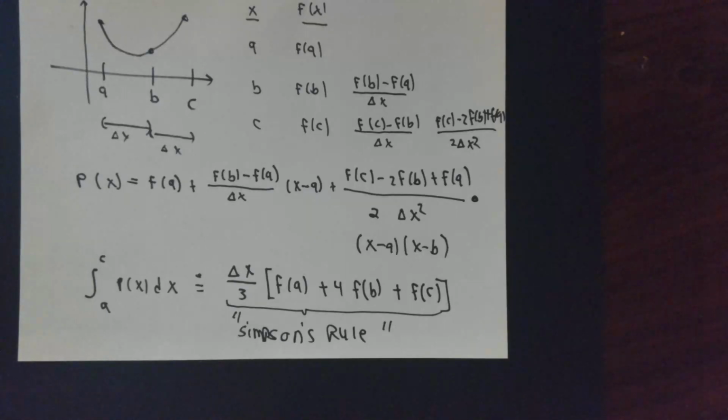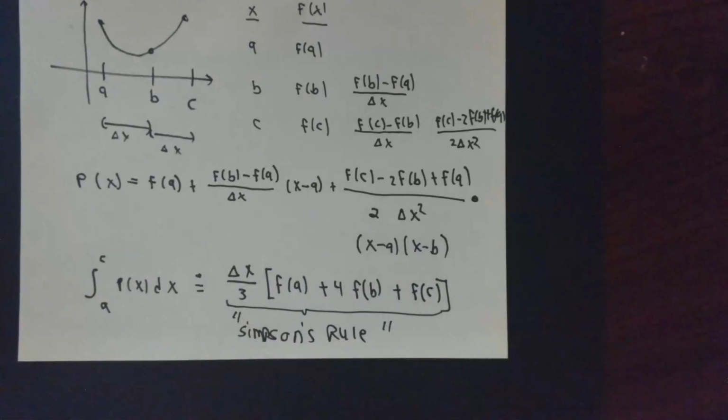If you have three equally spaced x values, a, b, and c, you can fit a quadratic through the 3 points that go with x equal a, b, and c. The Newton table is, as usual, the polynomial of degree 2 or less that interpolates the function on the interval from a to c is this polynomial.